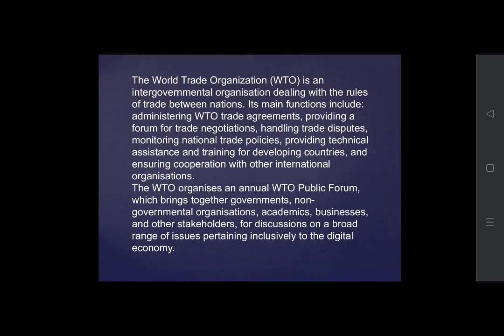The WTO organizes the annual WTO Public Forum, which brings together governments, non-government organizations, businesses and other stakeholders to decide on broad regulation, including the digital economy.